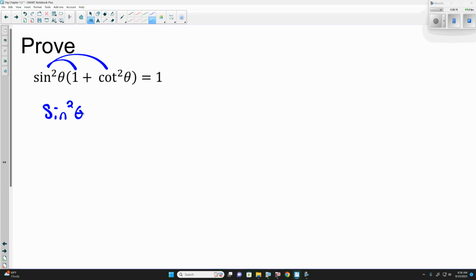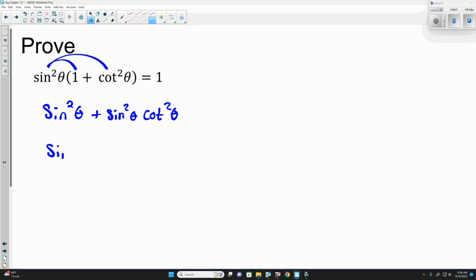Sine squared times cotangent squared is plus sine squared of theta times cotangent squared of theta. So if we multiply through, we get sine squared plus sine squared times cotangent squared. Questions on any of this so far?